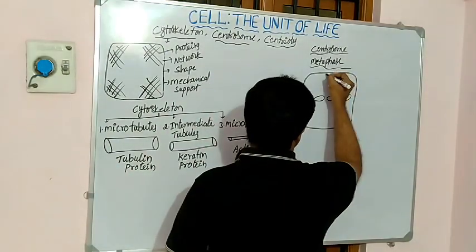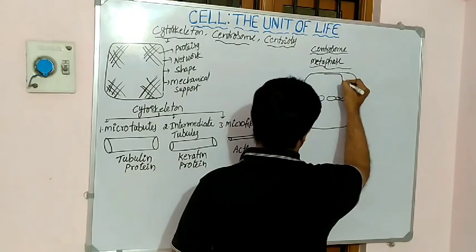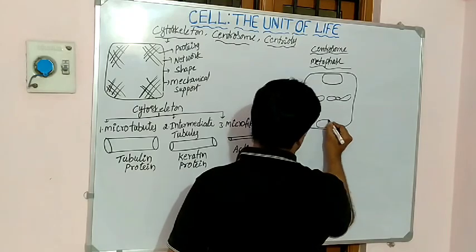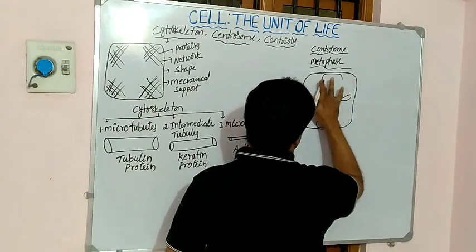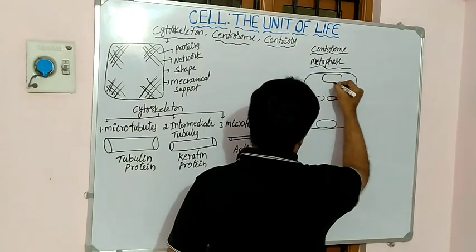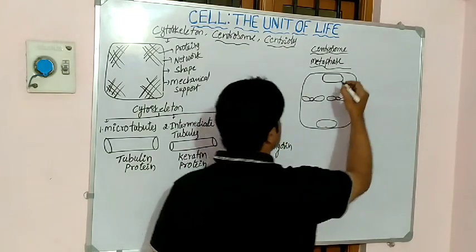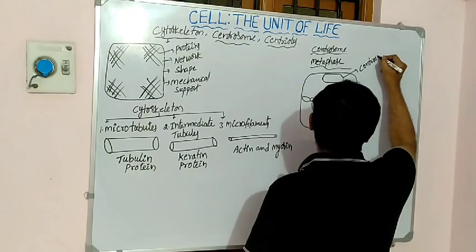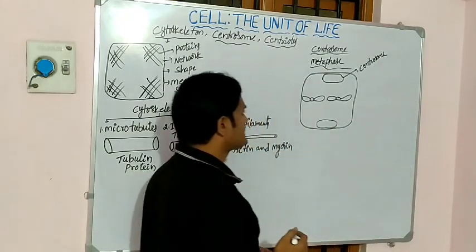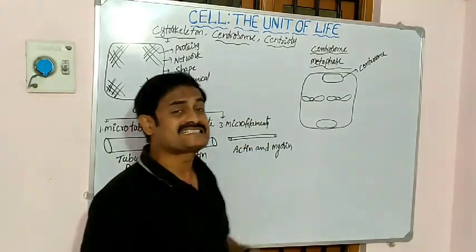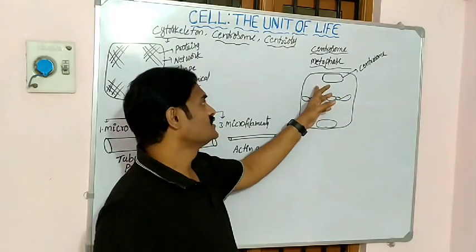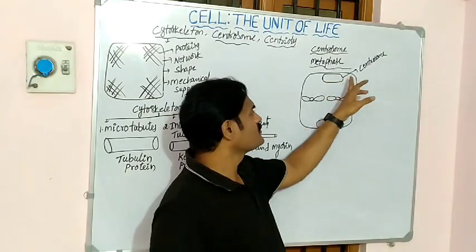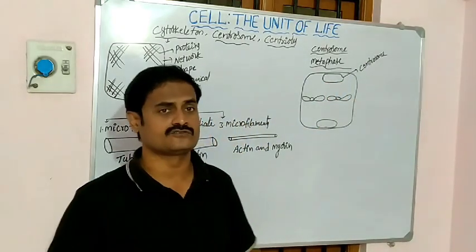What is that? Centrosome. See, one small box-like arrangement here, both sides. This arrangement is called centrosome. So centrosome is also one cell organelle, remember. Centrioles are also cell organelles.